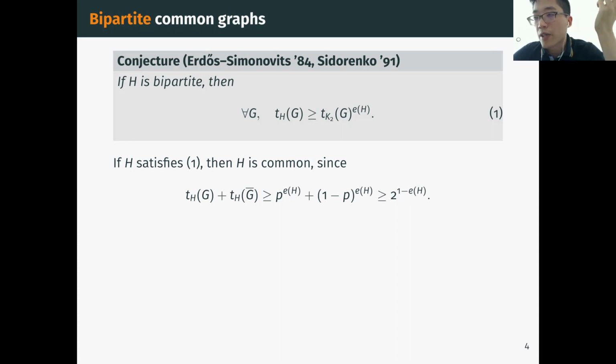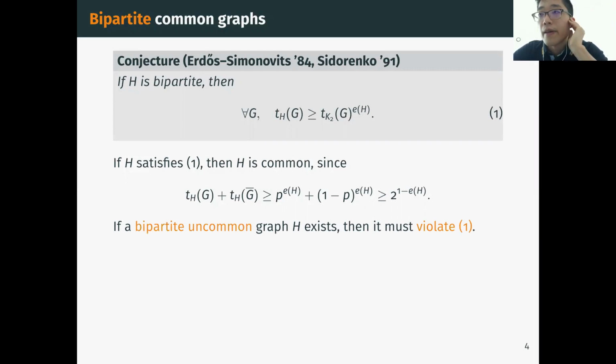It's quite easy to prove this inequality by using convexity. Okay, so we have H being common whenever H satisfies the conjecture. And if I take the contrapositive of this argument, then if a bipartite uncommon graph H exists, it must violate this inequality.